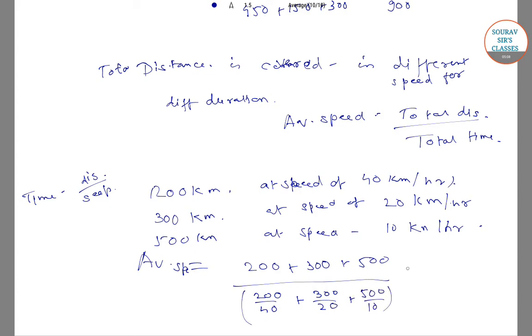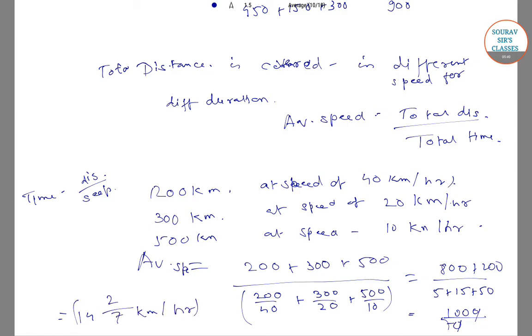So this would be the total time, which will give us 800 divided by 5 plus 15 plus 50, which is equal to 800 plus 200, which is 1000 divided by 70, which is equal to 100 by 7, which is equal to 14 2 by 7 kilometer per hour.